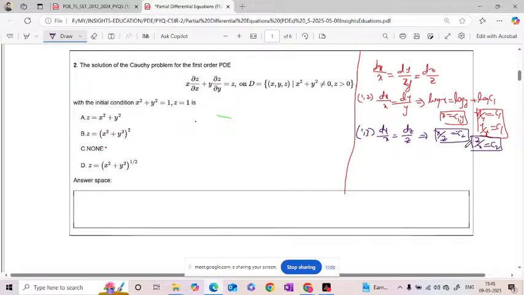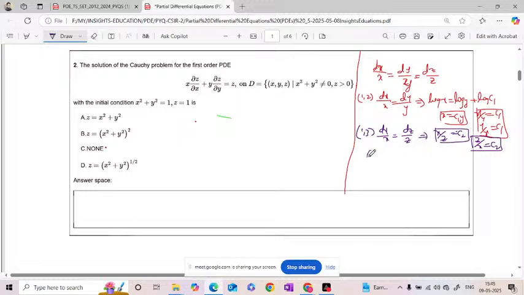Now in this case, already z is equal to 1, so now take one more solution. I am taking the solution, no problem.